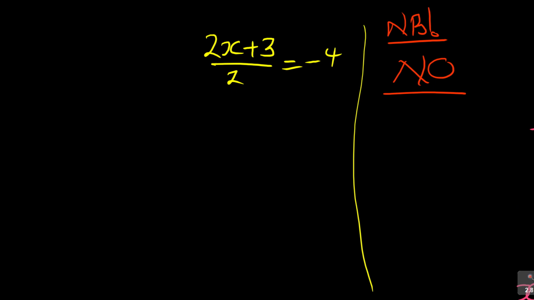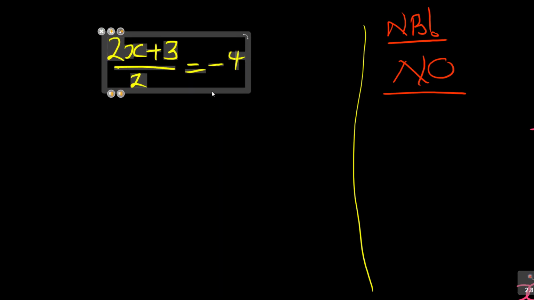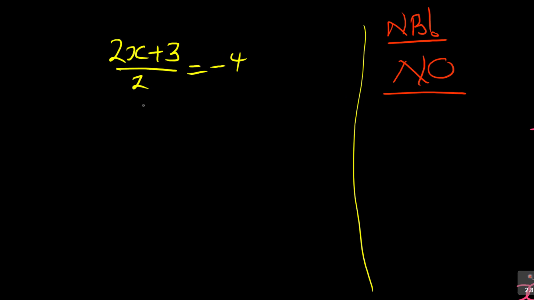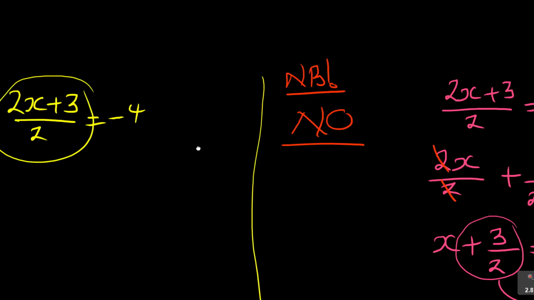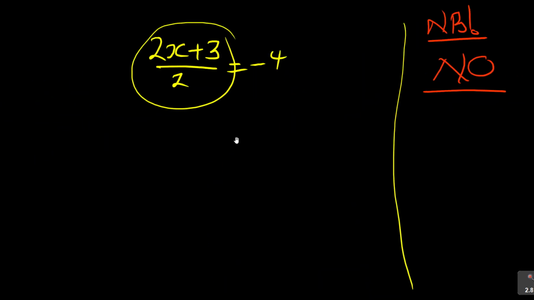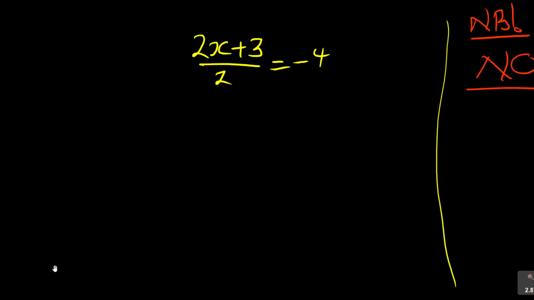Whenever you're given it like that, I prefer, since it was a fraction and a number, this must be like one thing. Otherwise, this is the best way to do it. I prefer this way then. This is just one thing, so I can focus on getting rid of that.